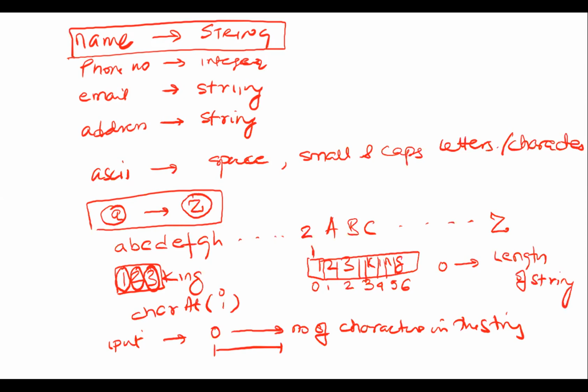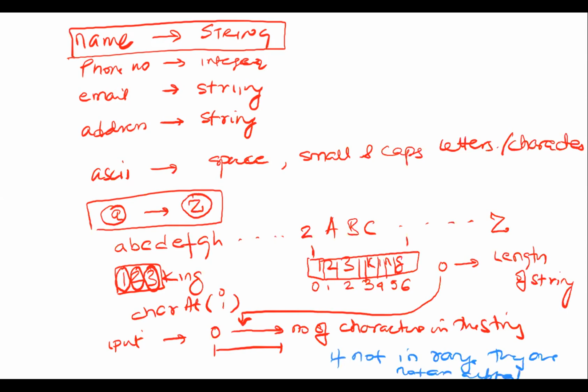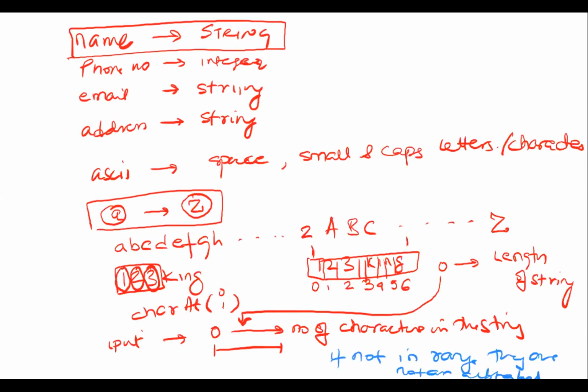You start from here and go up till here and check if any of the characters don't fall in this range. If they don't fall in this range, that means they are not an alphabet. Does that make sense?